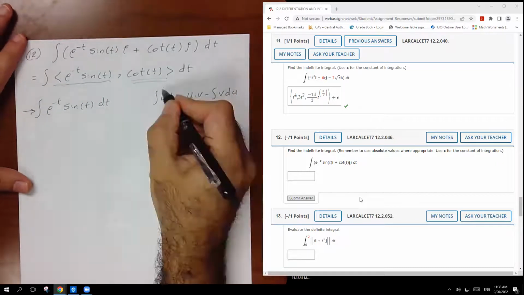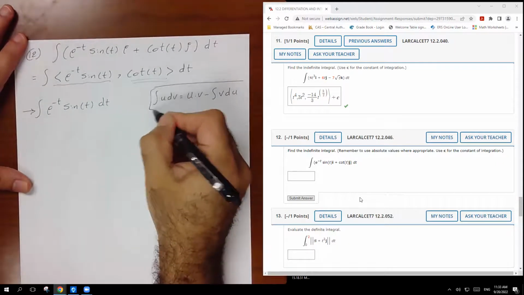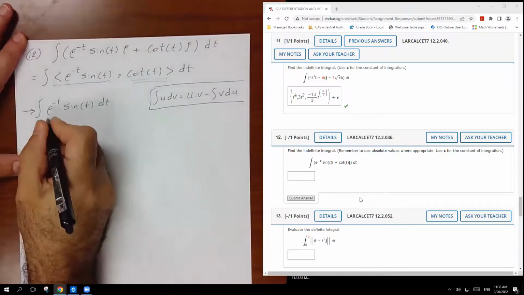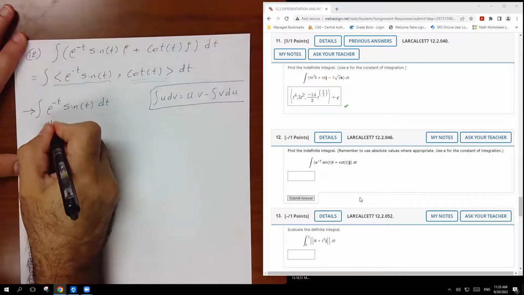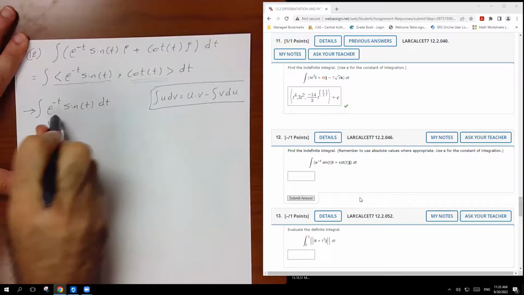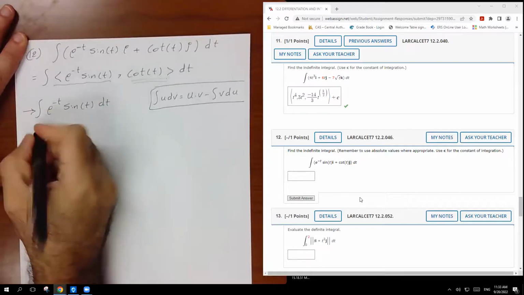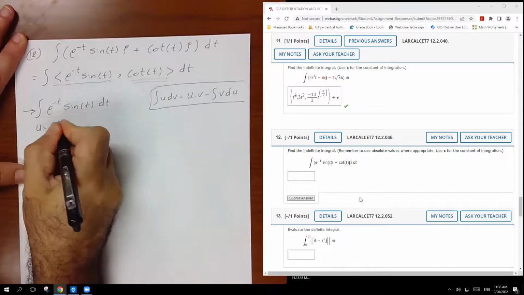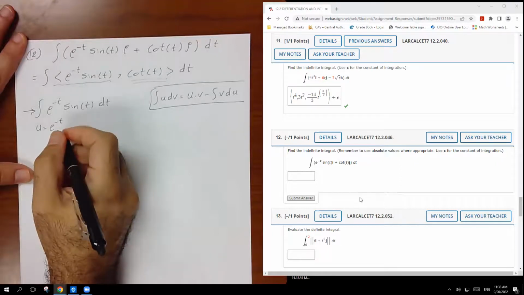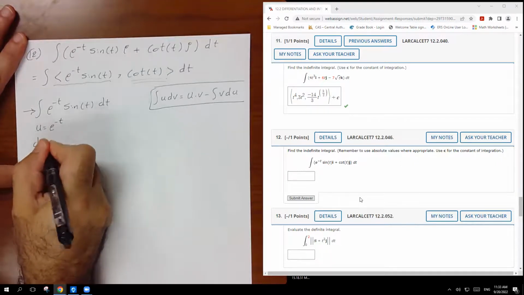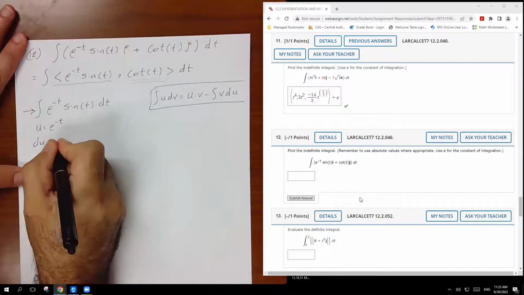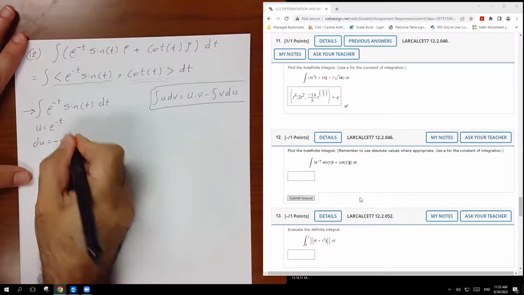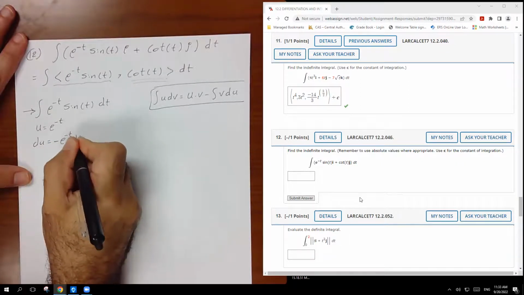Integrals by parts. So we're going to use this rule. So I'm going to let this one u and this one the dv. So u equals e to the negative t. That means du is going to be equal negative e to the negative t dt.